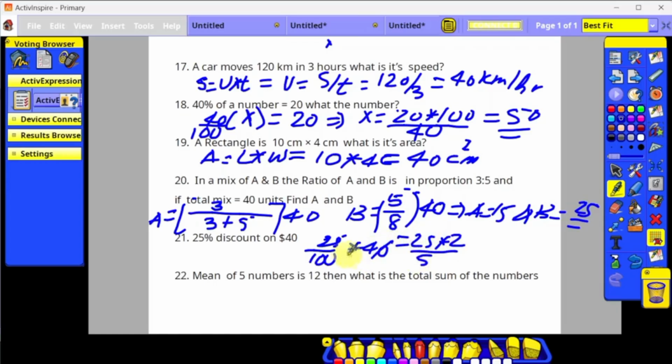Reduce this by 2, 2 by 2, 5 by 5. So 25 times 2 is 50, divided by 5, is equal to 10. So that is $10. The discount is $10. That is, 25% of 40 is 1/4 of 40, because 25% means 1/4. That's 10. That's right.